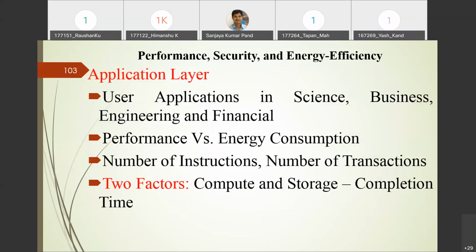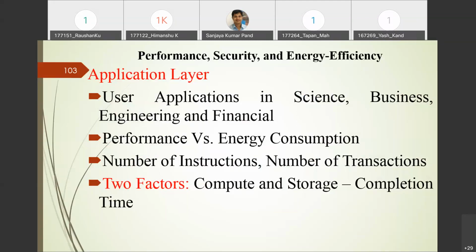Performance relies on how many instructions you execute, the throughput of the system, how many transactions you are doing, the processor size, and how efficiently you can execute a particular application in a short period of time. So it relies on the completion time.